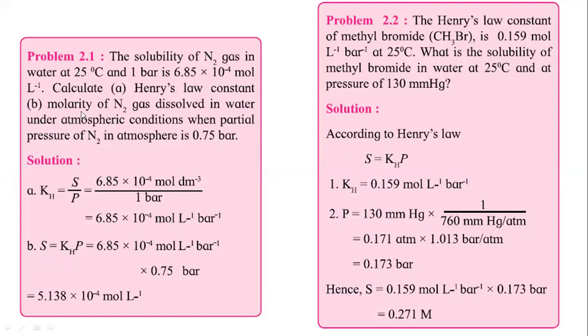So what we have to calculate here is the molarity of N2 gas dissolved in water under atmospheric conditions when the partial pressure of N2 is 0.75 bar. This means we have to calculate the solubility. So KH into P, KH is already known and the atmospheric pressure is given. By multiplying this, we can get this value.